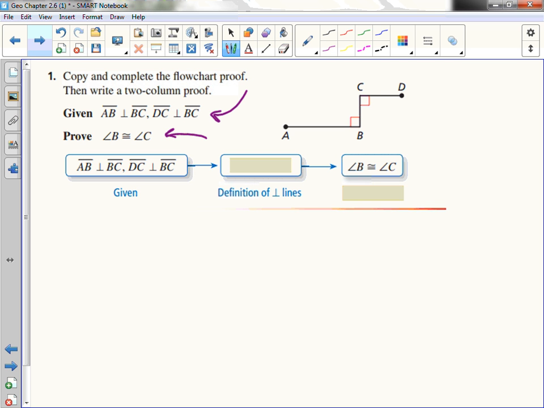And we want to say that B and C are congruent, yes? So we need to say something about angles B and C. So AB and BC are perpendicular, so they make a right angle. So what do we know about angle B? Angle B is equal to 90 degrees.